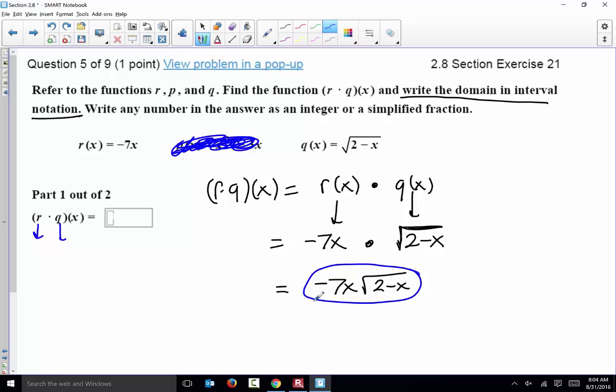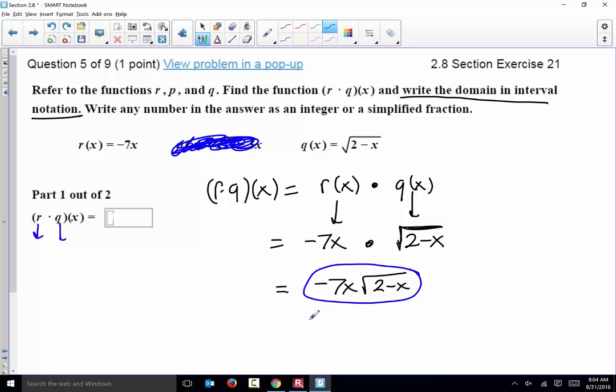Okay? Look, minus 7x root 2 minus x. Are there any bad values that we must avoid here for x that can make this thing undefined? Domain is, again, the set of all x's you're allowed to enter into the square root and x. What x's are good? If there are some bad ones, you must exclude them from that interval.